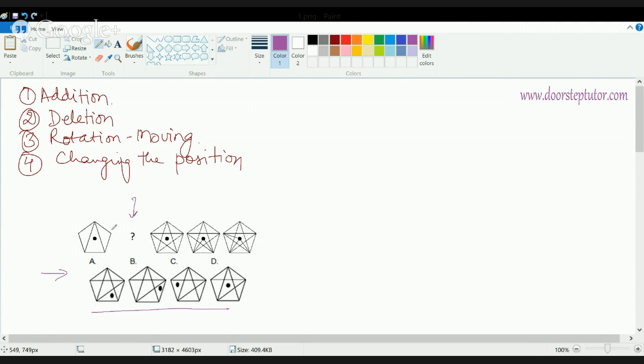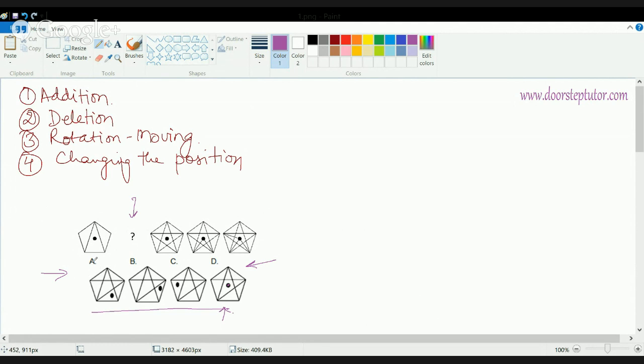So we need to think about something else now. Let's see the location of the black dot. In all the figures, the black dot is in the center. Now if we see the choices, only in choice D is the black dot in the center. That means even if we do not apply any other logic to this question, still we'll get the answer D.